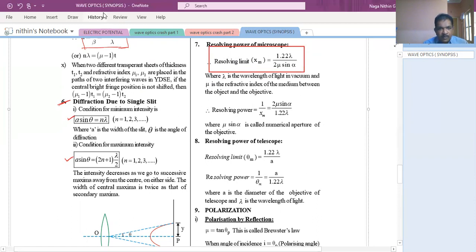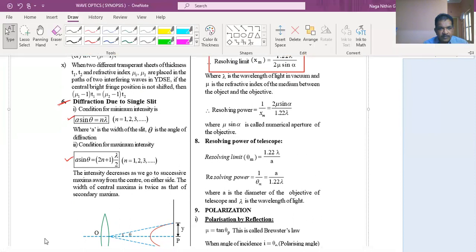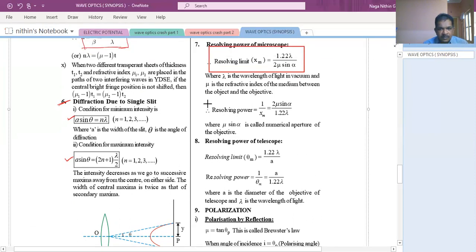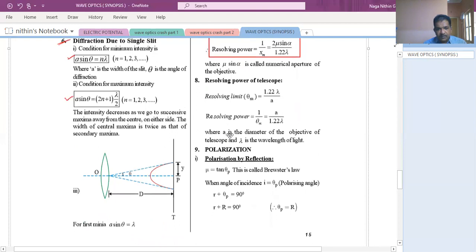The resolving power formula will be 2 mu sin alpha by 1.22 lambda. This is the formula for resolving power of the microscope, and the earlier one is for the resolving limit of the microscope.